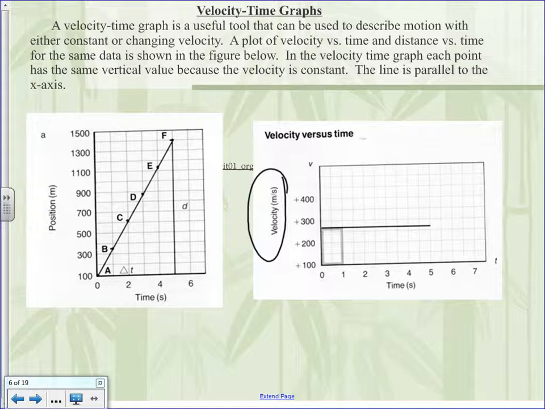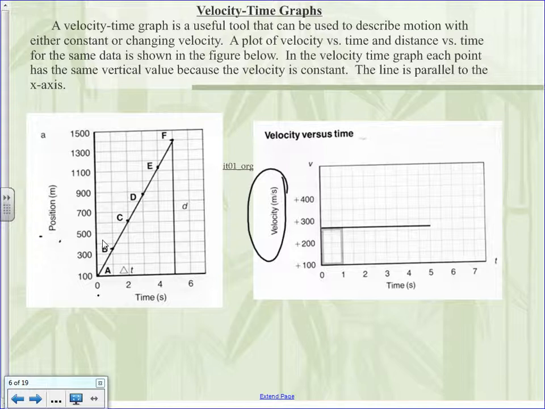How can I figure out what velocity the object is traveling at from the position versus time graph? Anybody remember from yesterday? This graph is showing me where the object is at various points in time. I want to figure out how fast it's moving.